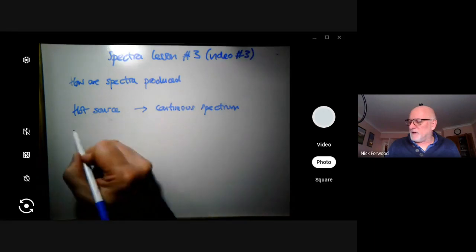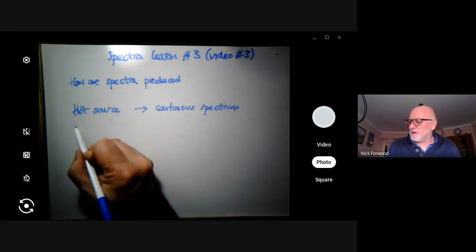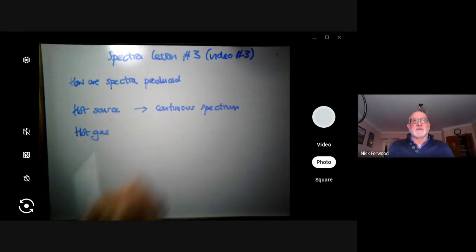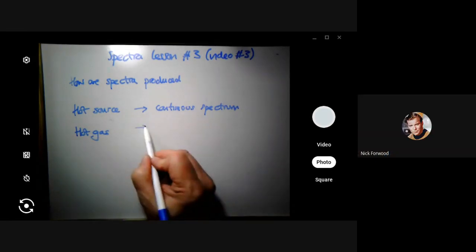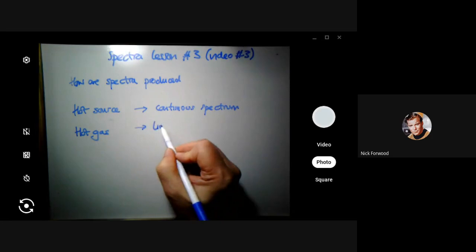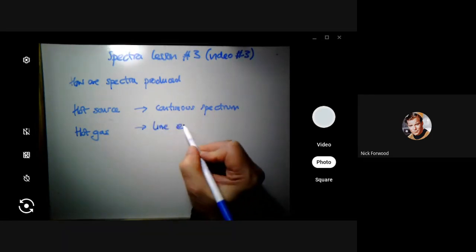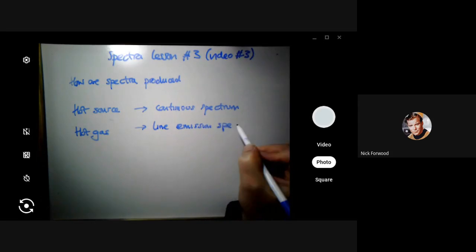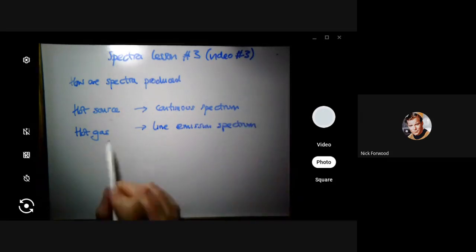And what you want is probably just a single gas, a hot gas, which is glowing. We talked about this earlier. You take a tube of gas like hydrogen and you pass electricity through it, and it will produce this thing called a line emission spectrum. And again, go and have a look at the video. Just make sure you've got all this written down. So we've covered that.